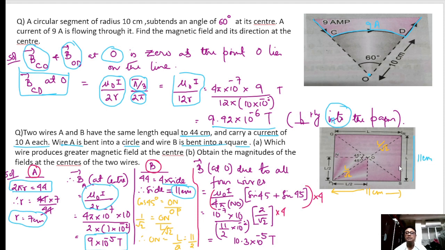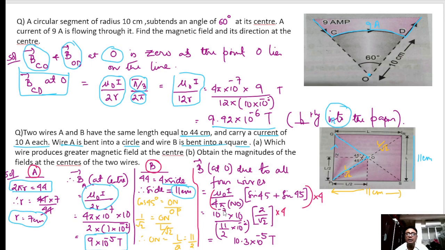This part is subtending an angle 45 degree, and this part is also subtending 45 degree at the center. And this is carrying current. Clear?